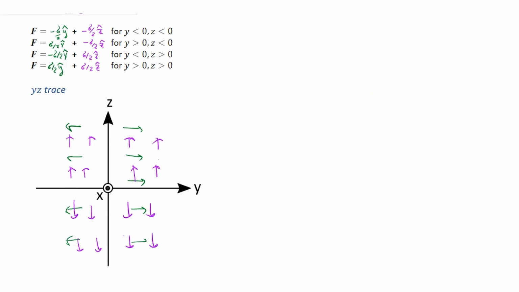So here's what we have in total. On this side, we have the field going sort of like this, and then I guess it's like this here. So this is the field pattern on this side. For this side, we have this. For this side, we have this. And for this side, we have this.